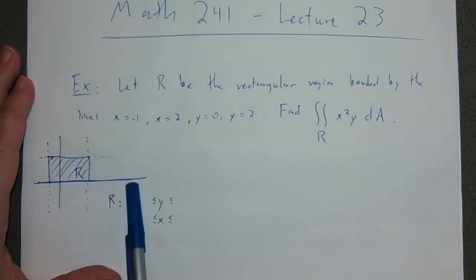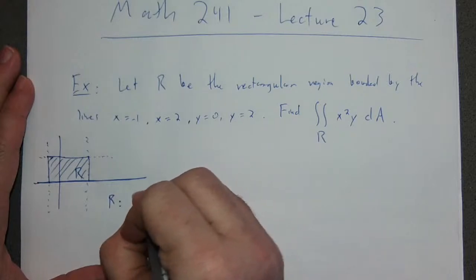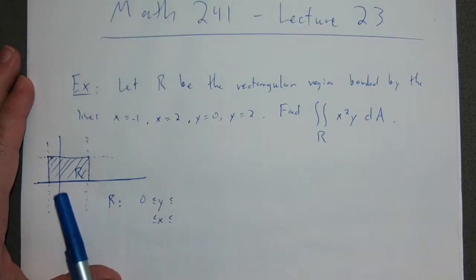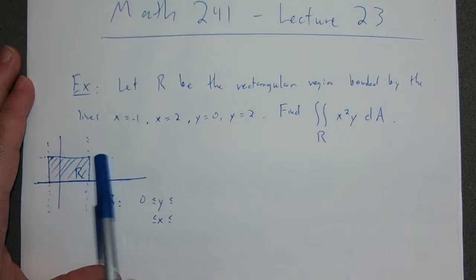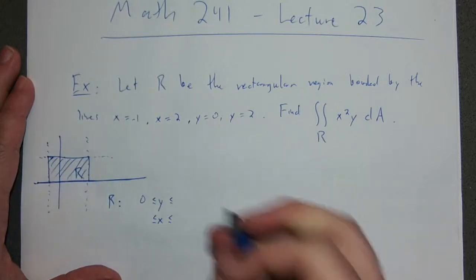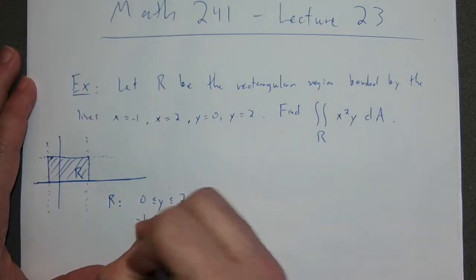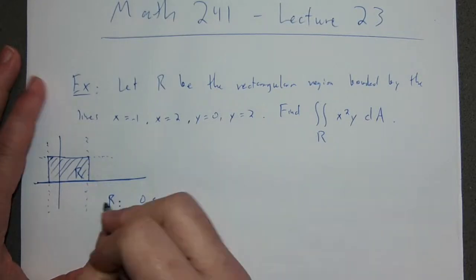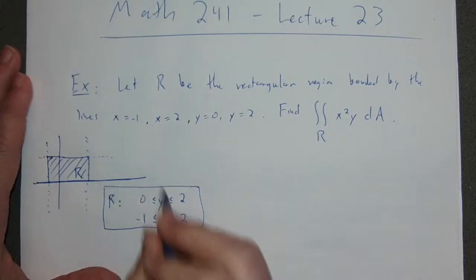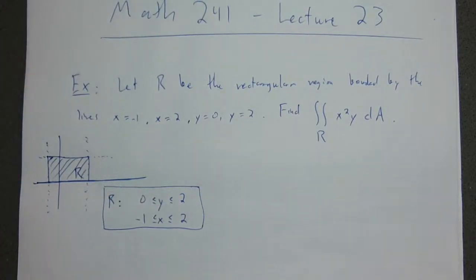The lower function that bounds y is the constant function 0, and the upper function that bounds y is the constant function 2. And x is bounded by the interval -1 to 2. So this is my description of R as a vertically simple region.